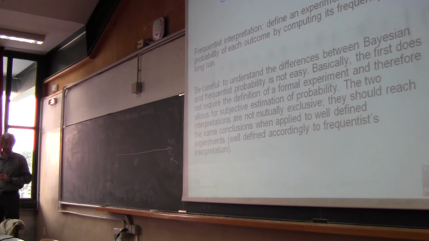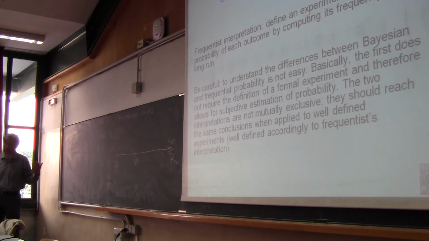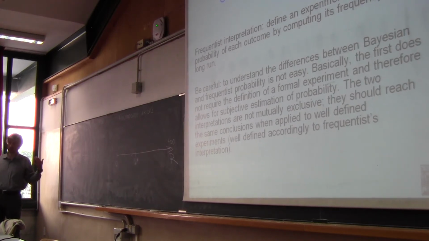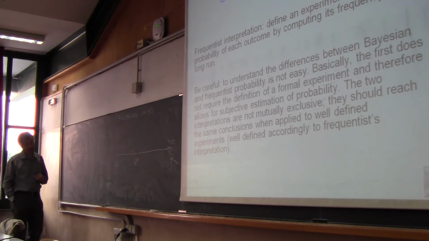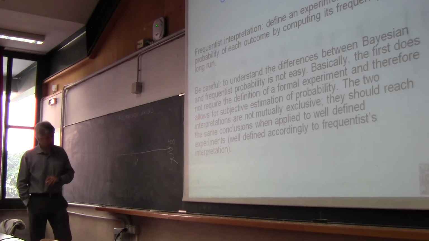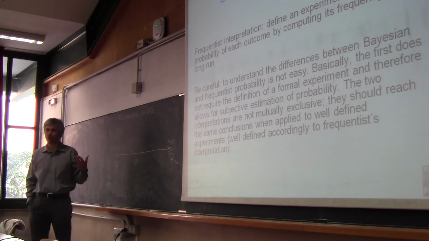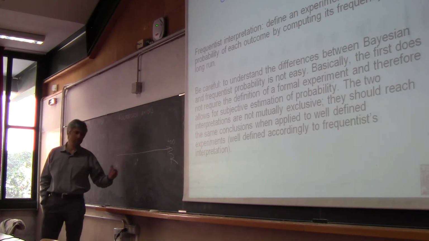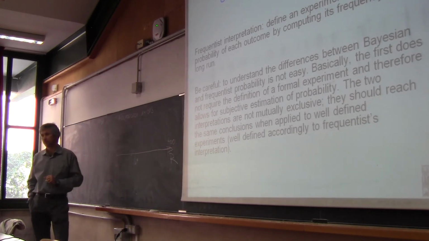But we understand that it's not 0. It's tending to 0, but not 0. So what is a possible way to solve the problem of getting an estimate of the probability of q star?